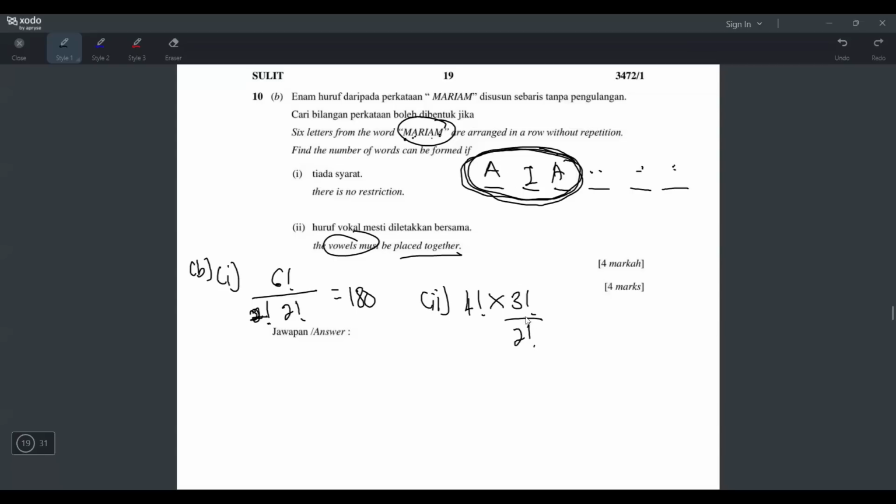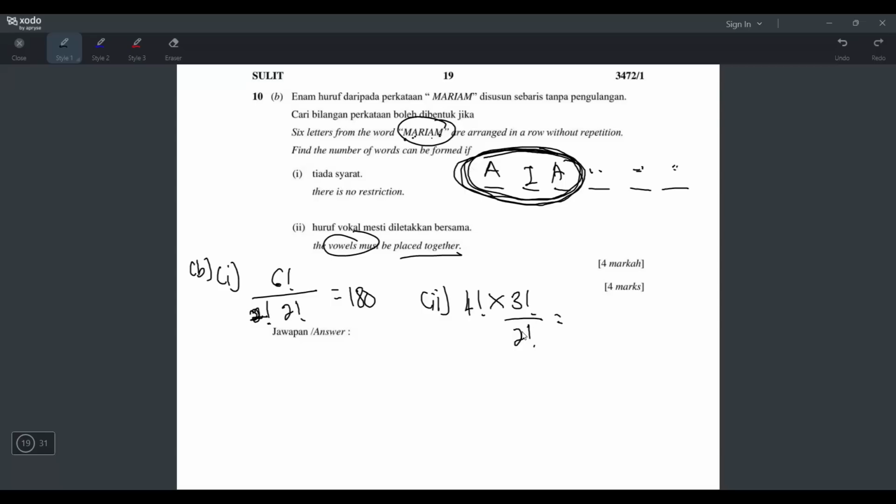Let me repeat: 4 factorial is to calculate how many ways to arrange these 4 things. 3 factorial over 2 factorial is the number of ways to arrange within the vowels, because the vowels must be placed together. The AIA can switch within itself. So that's why this is the answer. Now I will press this and my calculator will give me the answer.